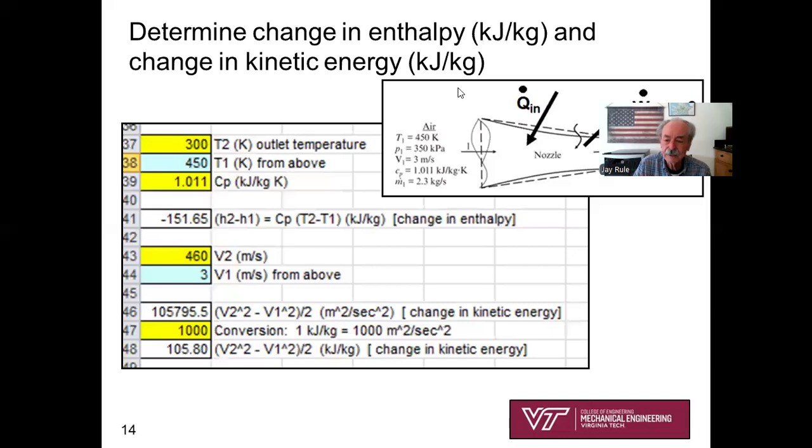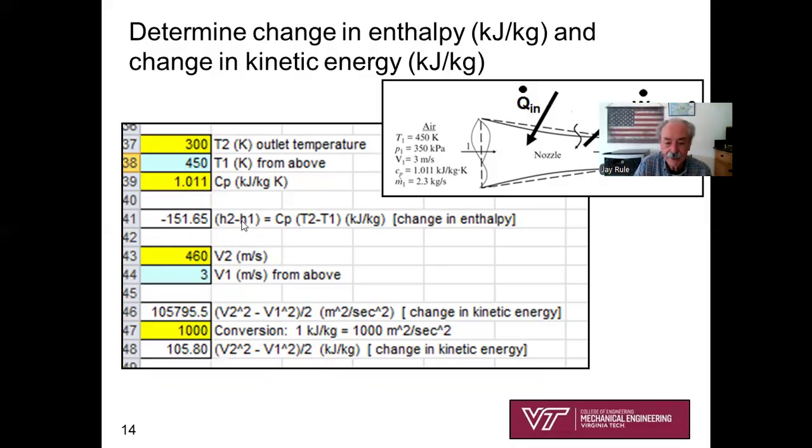The next thing, now we're looking ahead, we're going to apply the first law of thermodynamics to solve for the heat transfer rate. Instead of going right to that, why don't we calculate the changes in enthalpy and kinetic energy, so we'll have numerical results before we go to the first law. The change in enthalpy is Cp times delta T. We write down Cp, given.